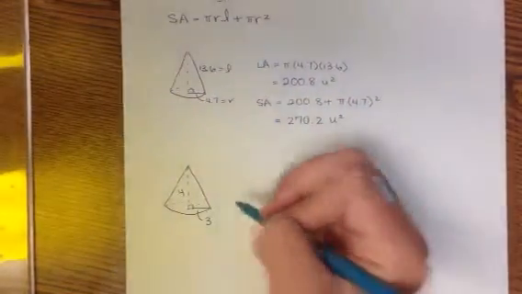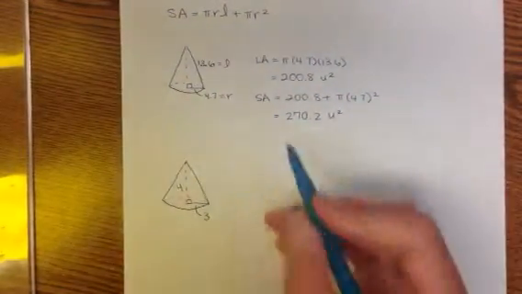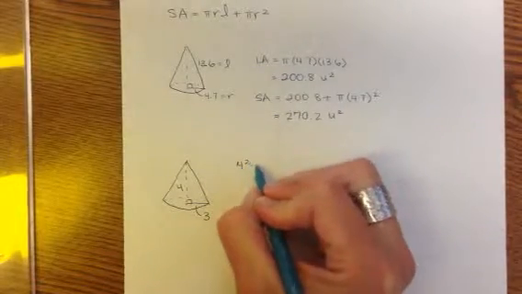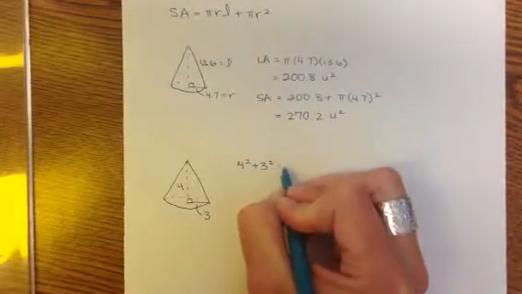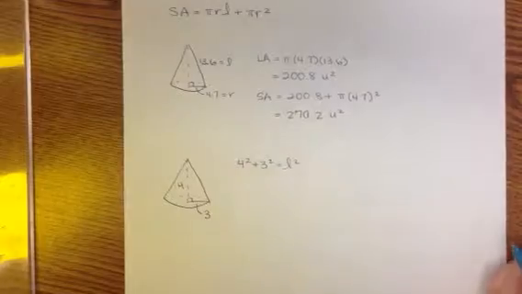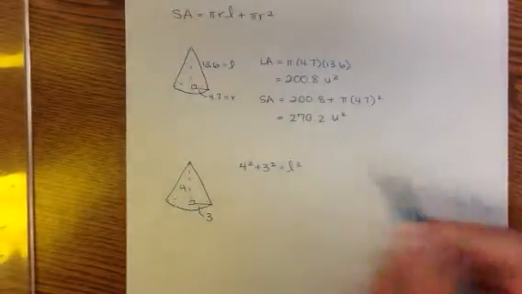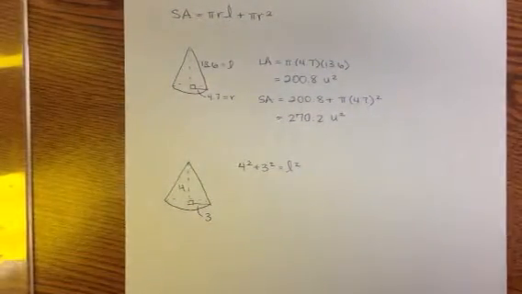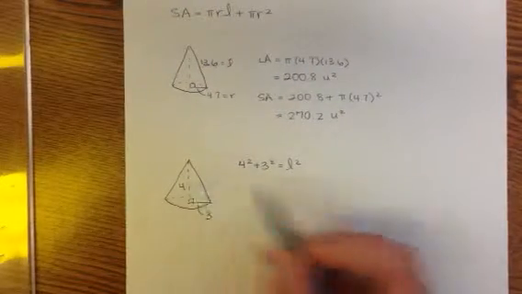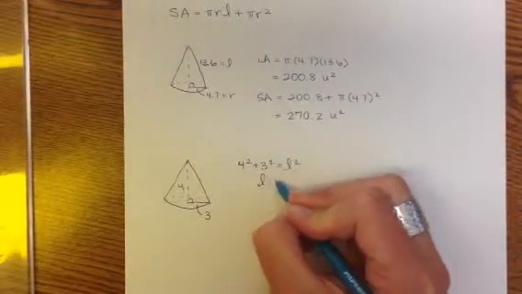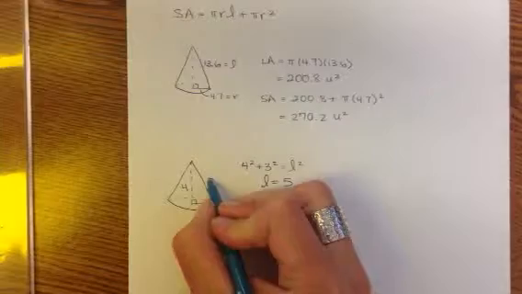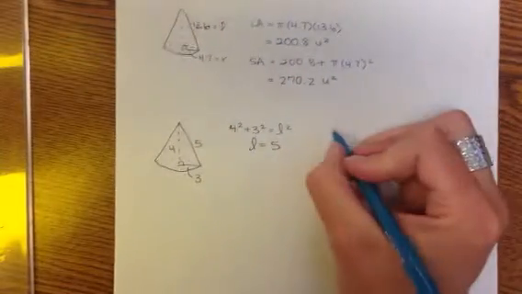So that means that we're going to have to find the slant height here. So you'd use your Pythagorean theorem, 4 squared plus 3 squared equals the slant height squared. And you guys are probably noticing, why is Mrs. Girardi even putting this into the Pythagorean theorem? Because you recognize this as a Pythagorean triple. So we know our slant height is 5. So that's 5 there. And then we're going to just plug it in.